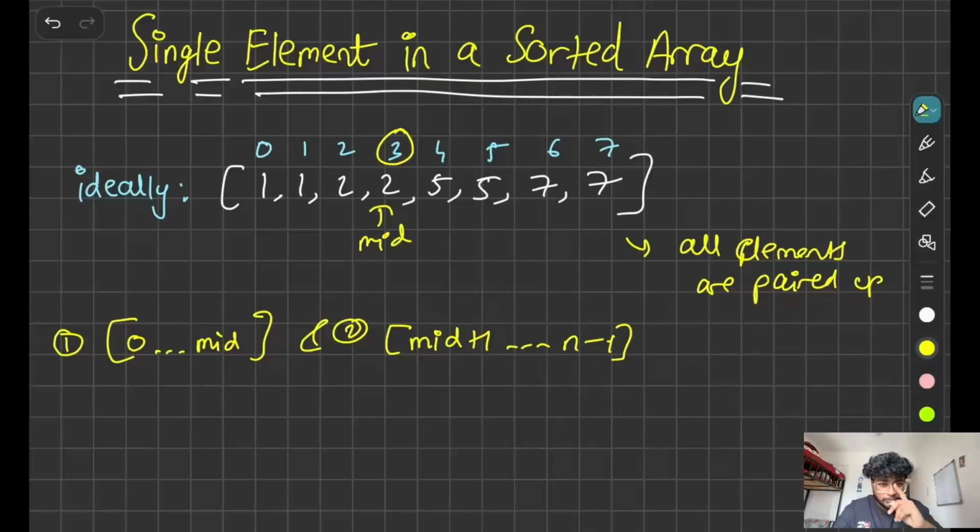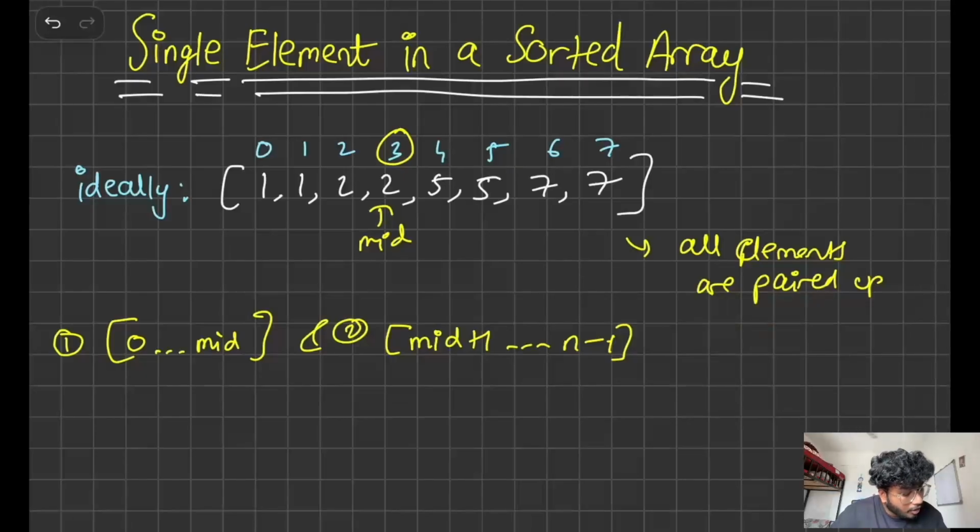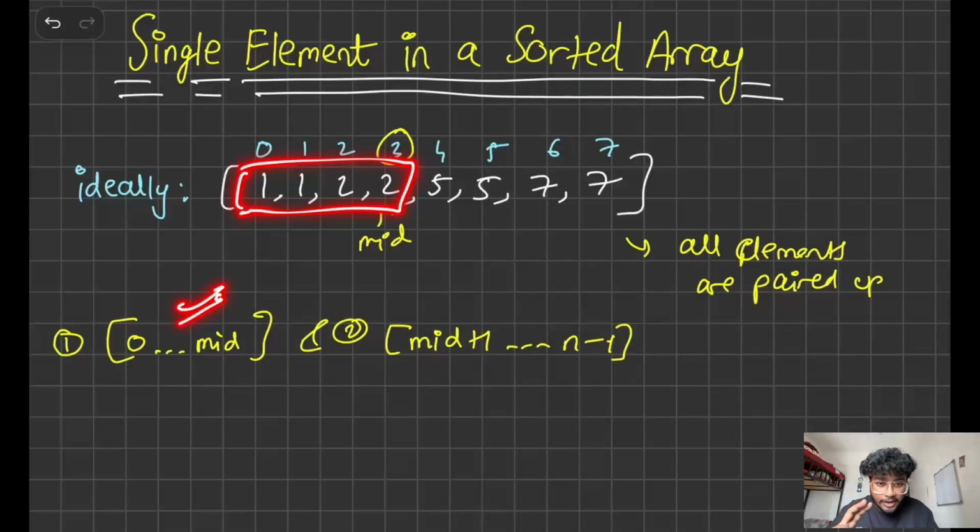So one observation is, can you see that all these elements are paired up, right? And my mid is now odd. So there are an even number of elements in the first interval I'm talking about.